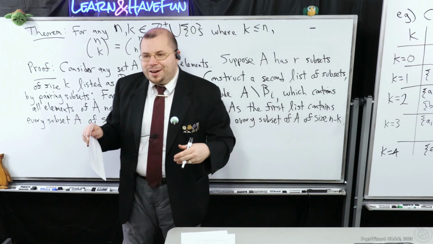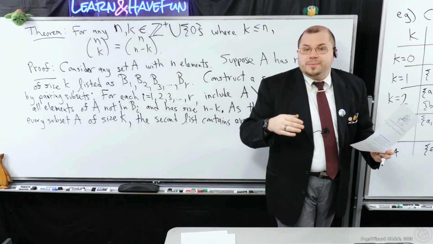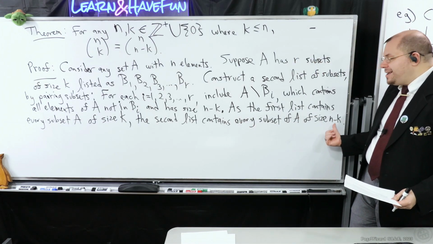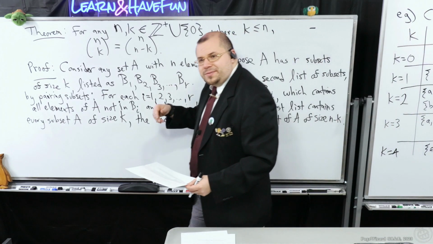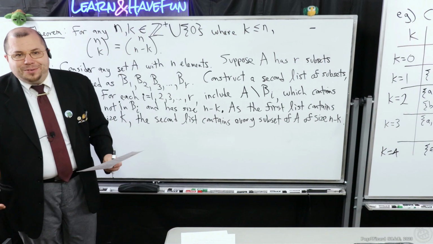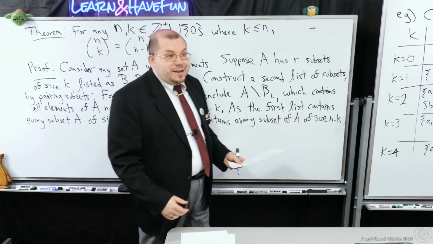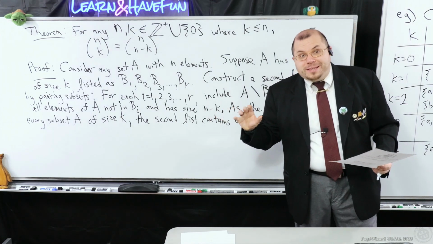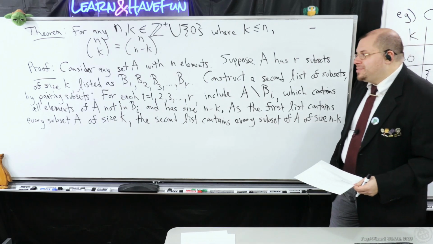Because all I've done, and this is very important for the argument, is go through every single one of the subsets of size k, and I know I'm getting subsets of size n minus k. I show you how to build a subset of size n minus k from each one. And it's all of them, because otherwise there's no way you can have ones that aren't within this list of this given size. I'll let you think about it.